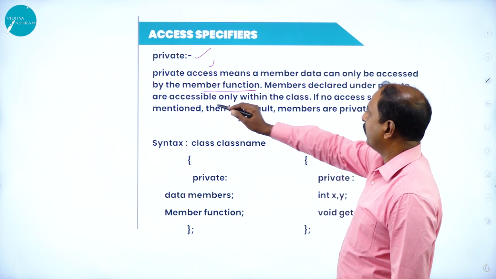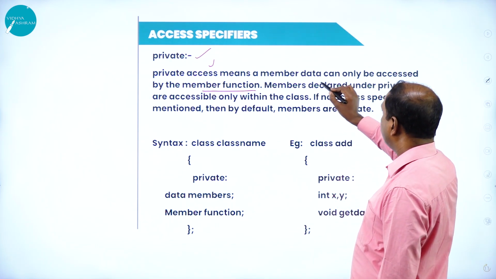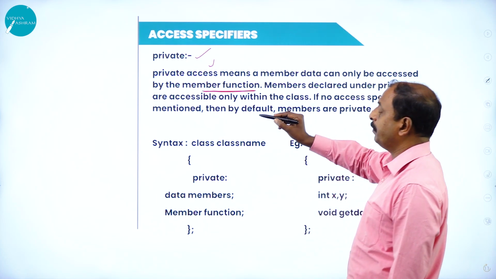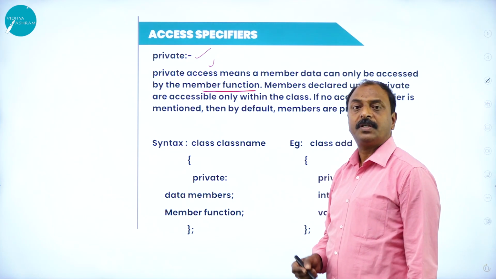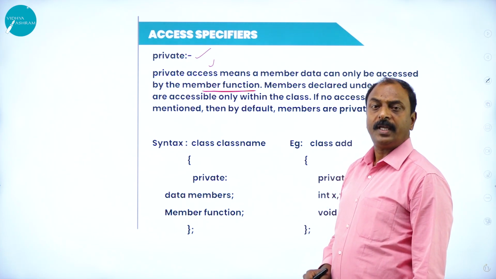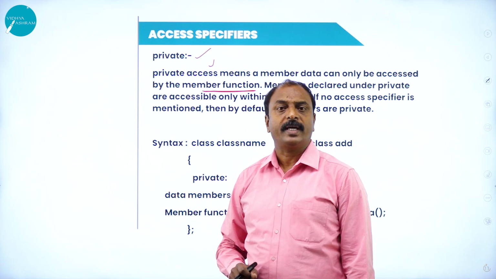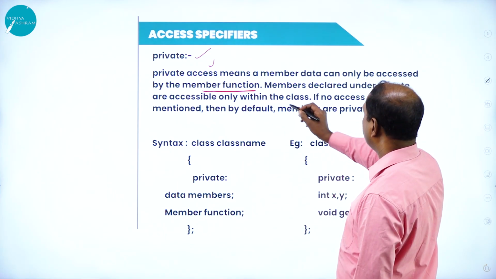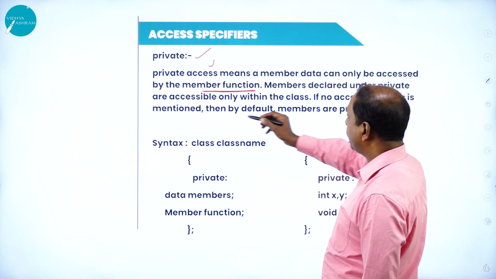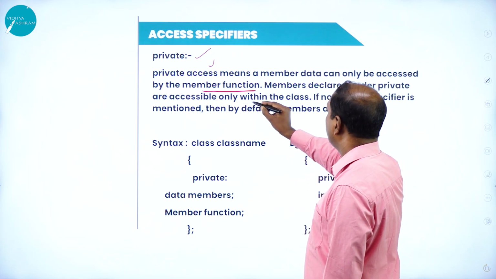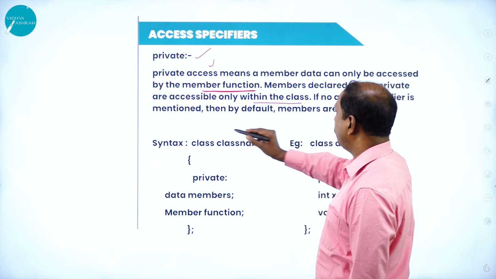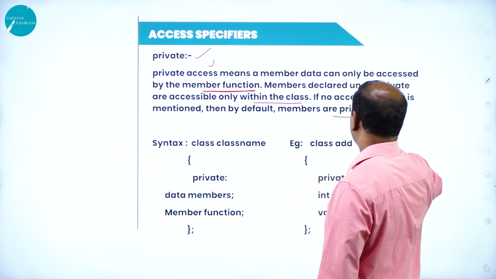I mean, only the member functions declared inside the class have rights to access the member data of that particular class. So members declared under private are accessible only within the class. And if no access specifier is mentioned, by default it is private.